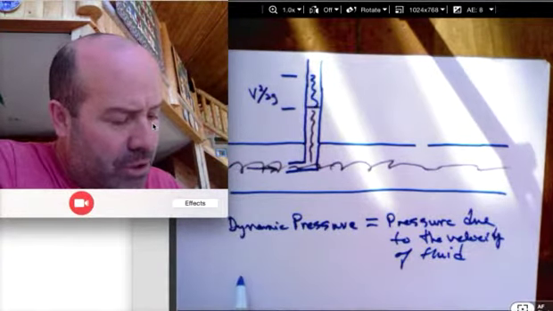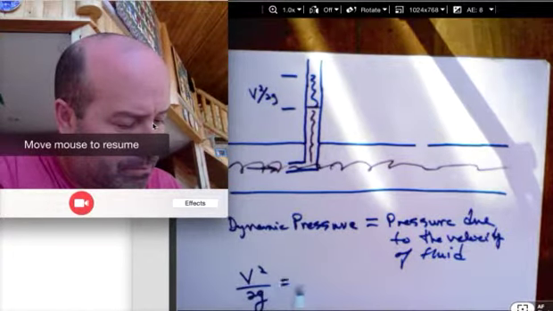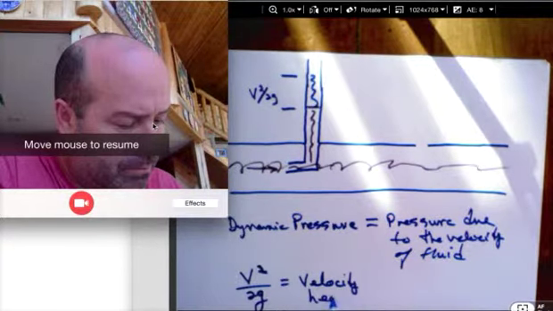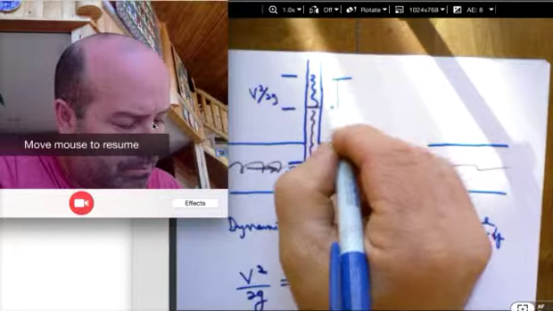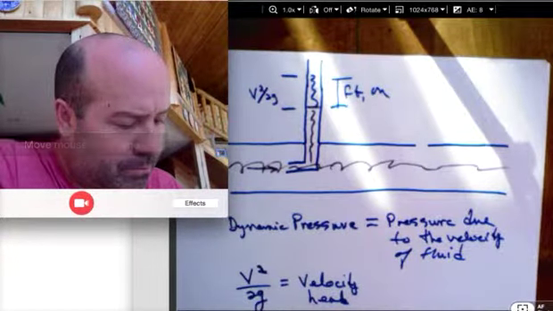And the dynamic pressure head, also known as the velocity head, measured in units of feet or meters.